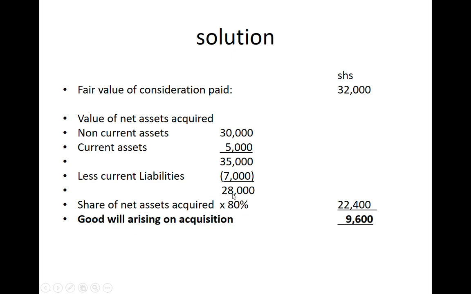So 80% times 28,000, you get 22,400. So what was being considered as 32,000, the value of the company has been established. So at least this one has a goodwill arising from acquisition of 9,600, which is the difference between 32,000 and the 22,400 shillings.